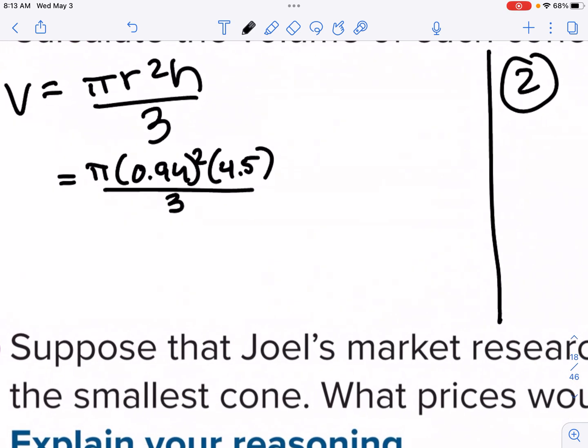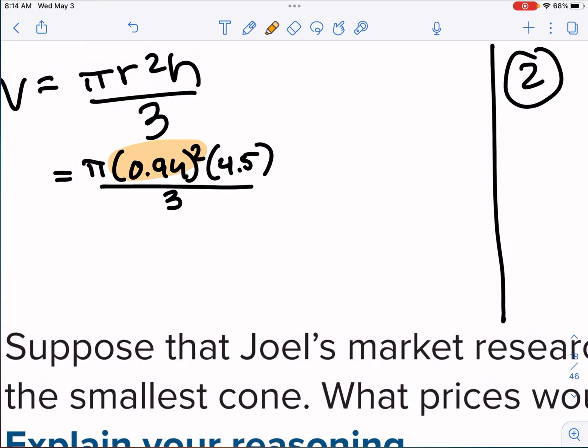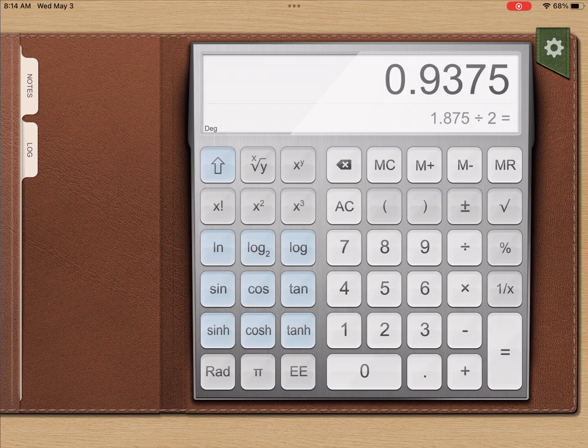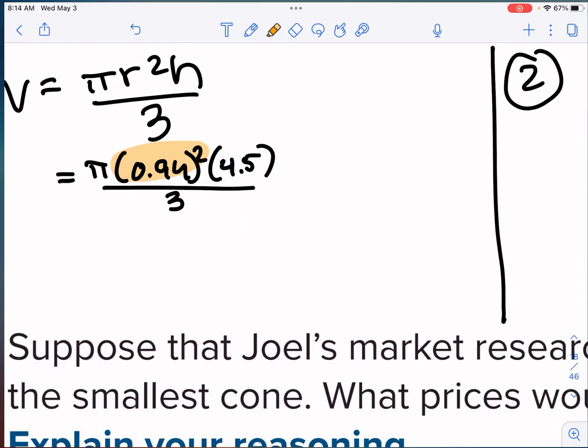Now our first step is to square our radius. So 94 cents times 94 cents, squared, is 0.8836. Let's also round this to the hundredths place. This would be 0.88, or 88 cents. So let's use 88 cents there.